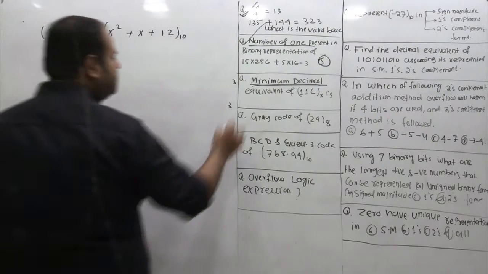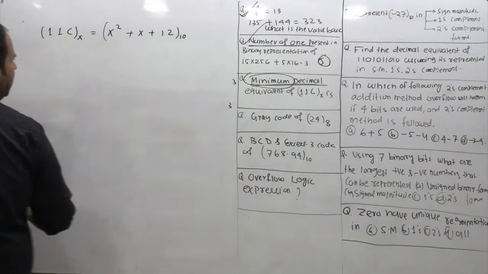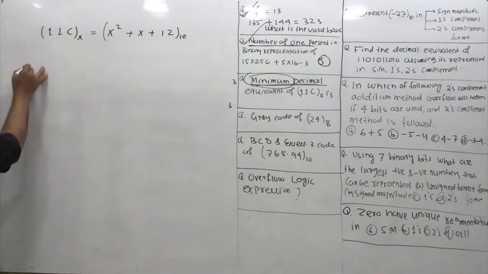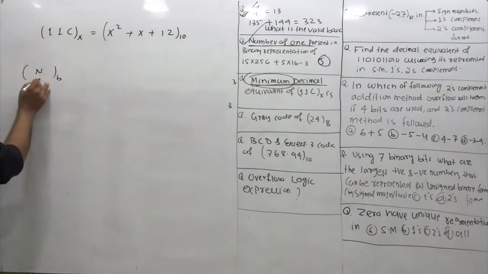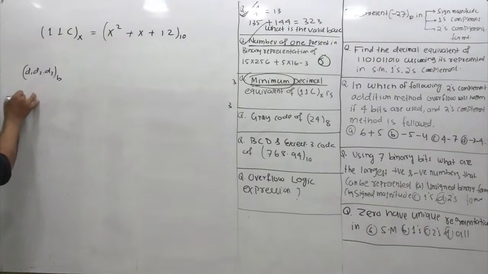Now because the word minimum is given, you have to go for the minimum value of x. The concept you need here is, suppose you have a number n with base b, with digits d1, d2, d3 and so on. Do remember, if the number is base b, then every digit should be in the range 0, 1, up to b minus 1.